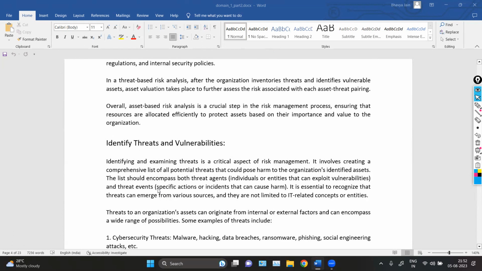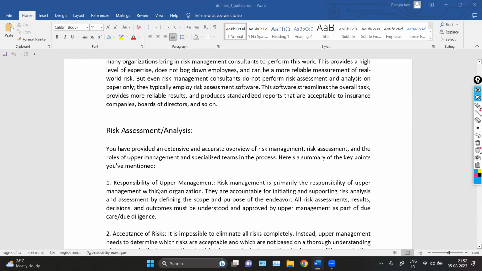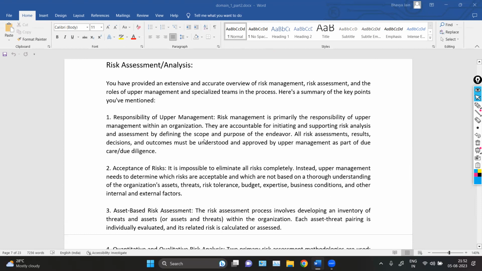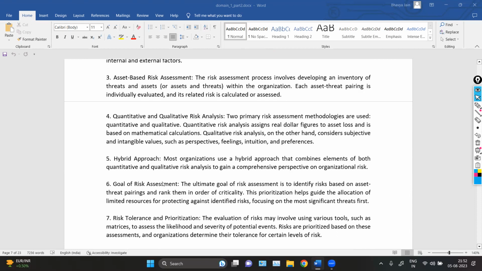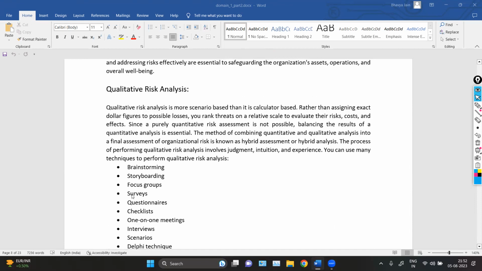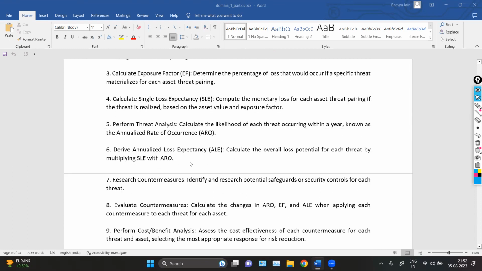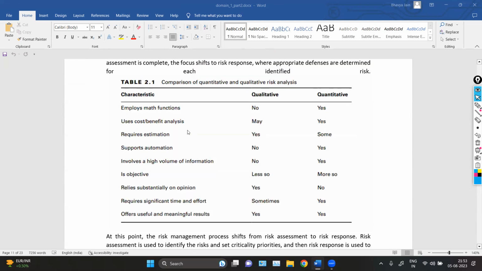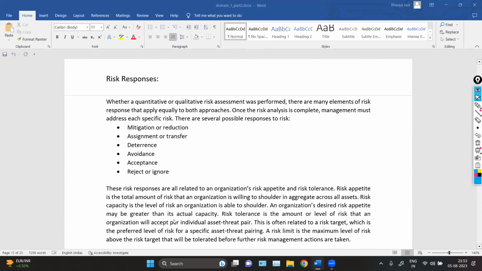After that, risk assessment and risk analysis, like how we can analyze risk, the responsibility of upper management, acceptance, and qualitative and quantitative approaches. The difference between qualitative and quantitative, and risk responses, are part of the exam.